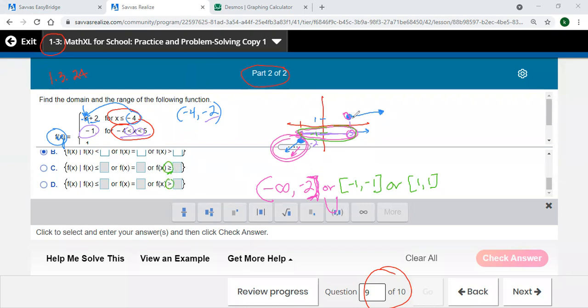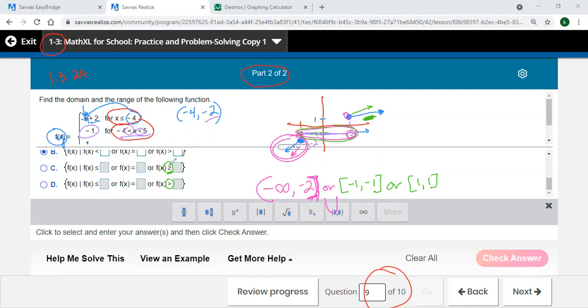So remember, ours should be for the range. Oh, this is going up. I thought that looked kind of flat over here. And it's equal to on the end.